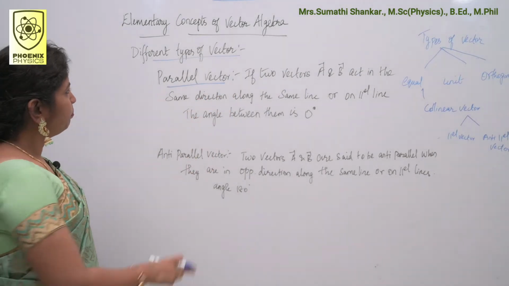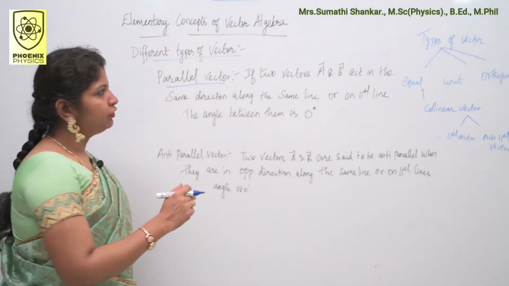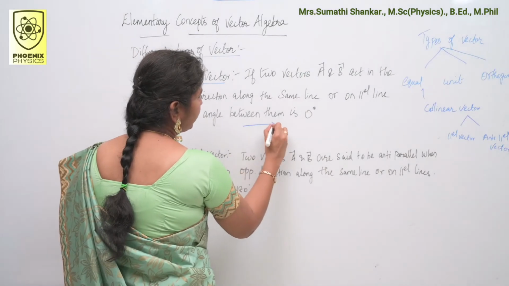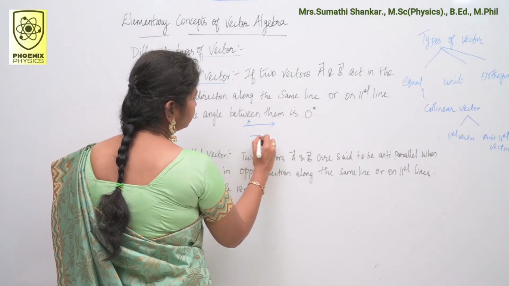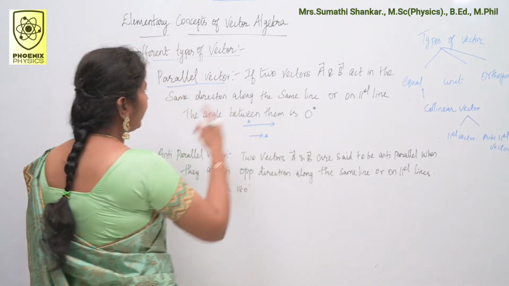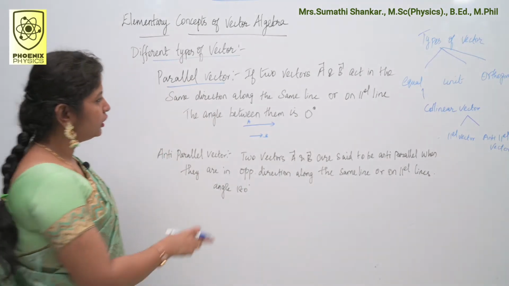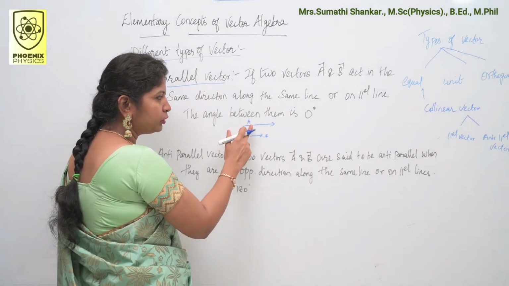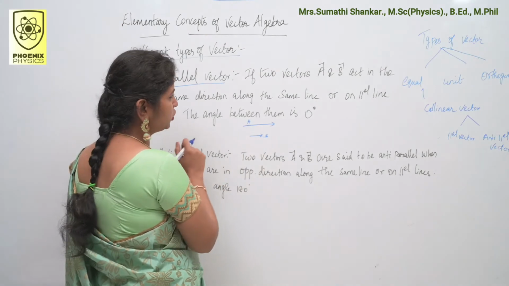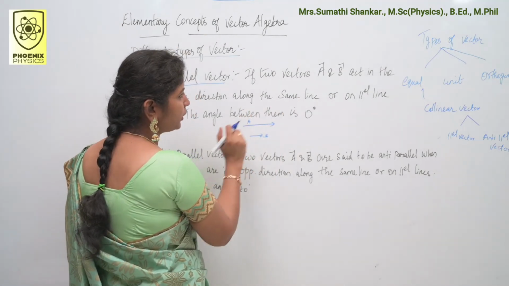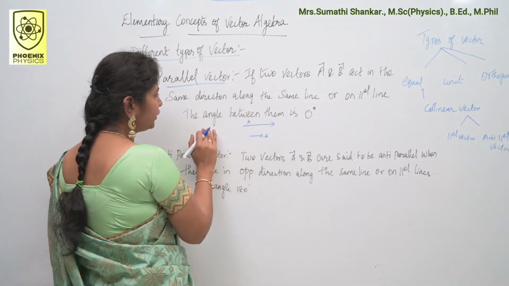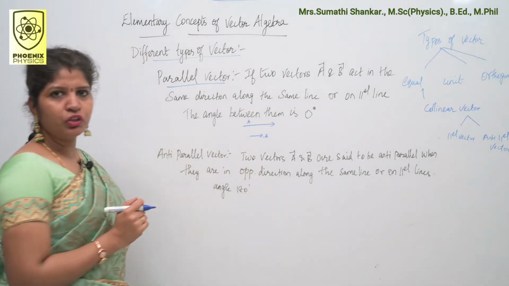Next one is parallel vector. If two vectors A and B act in the same direction, here the magnitude is different but both act in the same direction along the same line or on parallel line, the angle between them is 0.